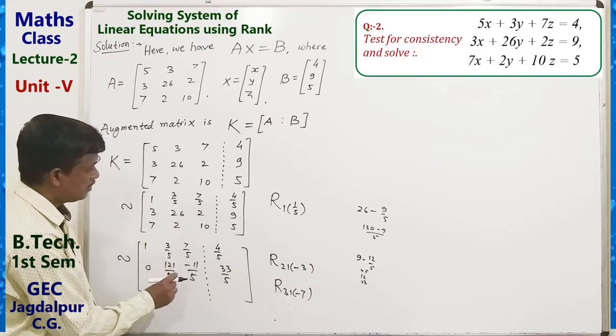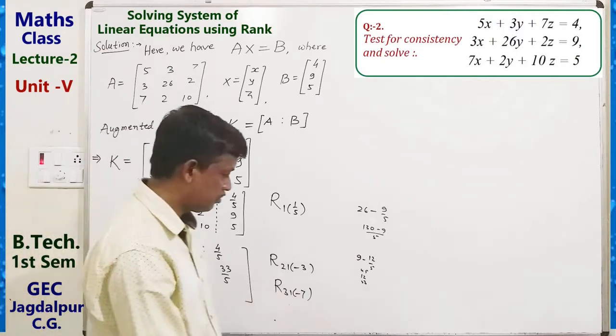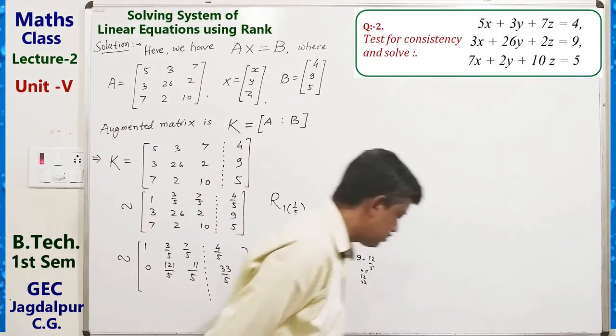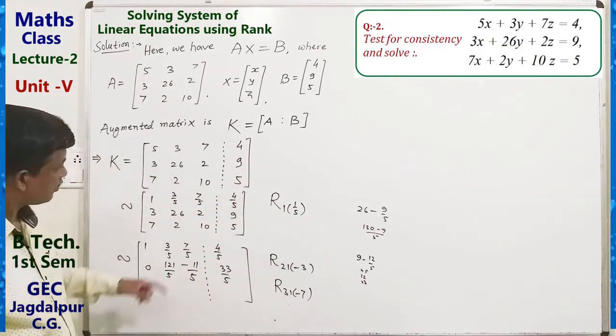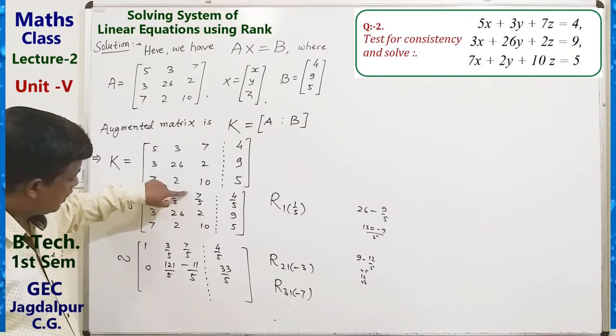And 10 minus 21 by 5 gives 29 by 5... minus 11 by 5, because minus 21 and 10 is minus 11 by 5.